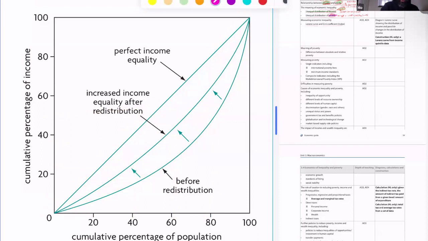So here it's showing you the Lorenz curve before and after redistribution. So before the policies to redistribute income. Ideally, policies that help you redistribute income should move the country's Lorenz curve closer to the line of absolute equality.